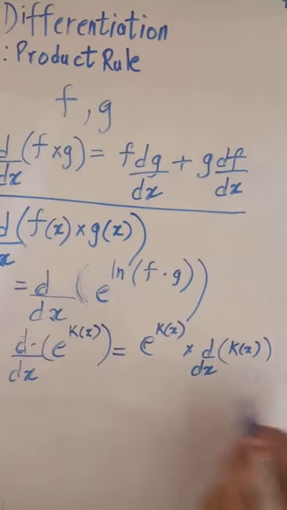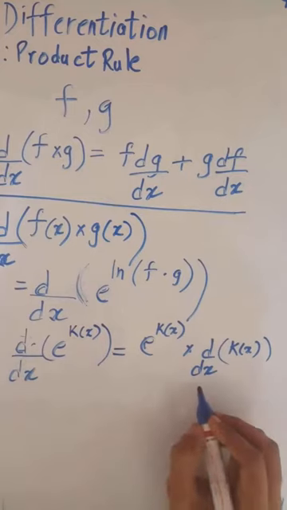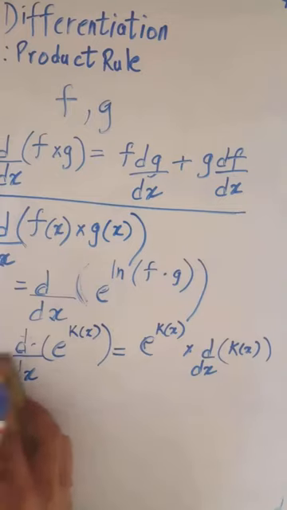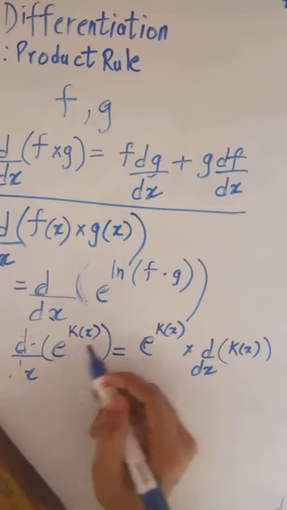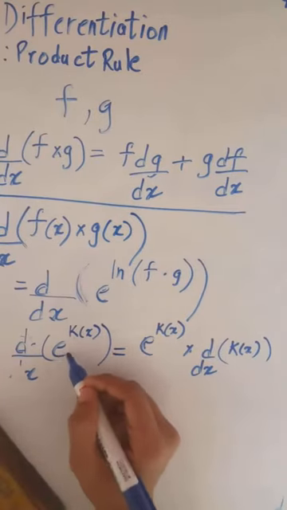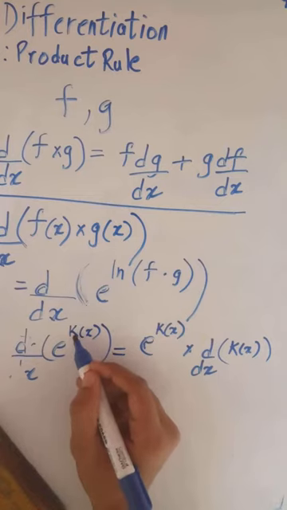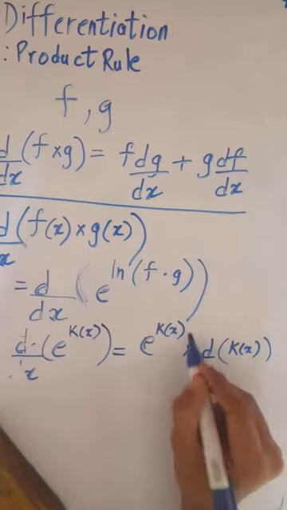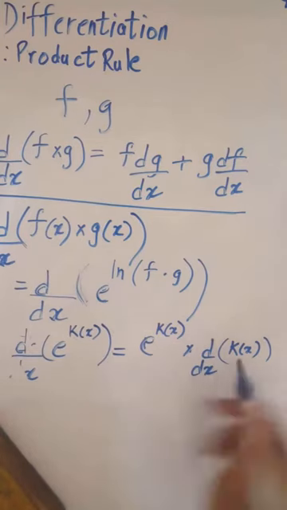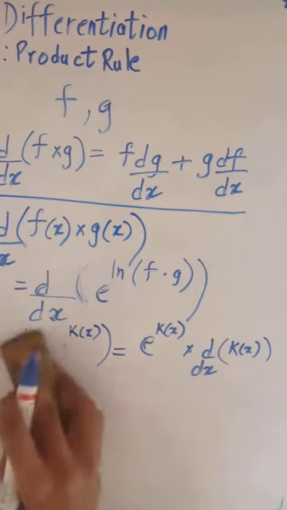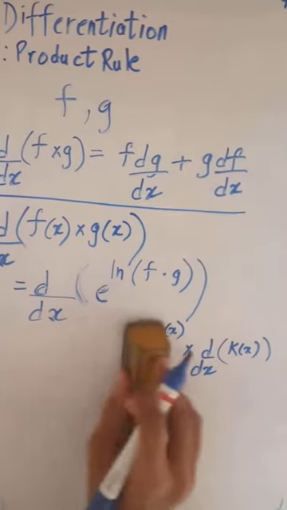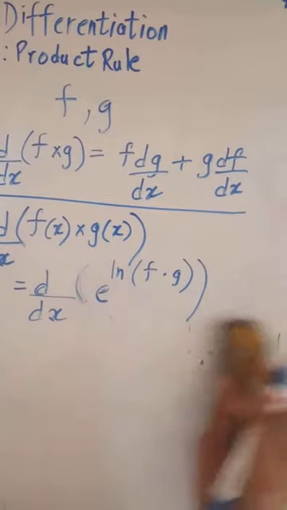So using this formula, I'm now going to rewrite this step. So this is a very simple formula. Basically the exponential raised to any function k of x is just the same thing, exponential raised to k of x multiplied by the derivative of k of x. So this is just the chain rule of differentiation.